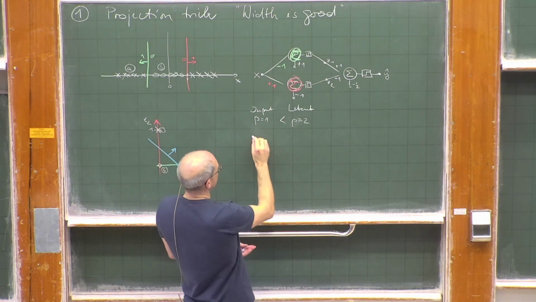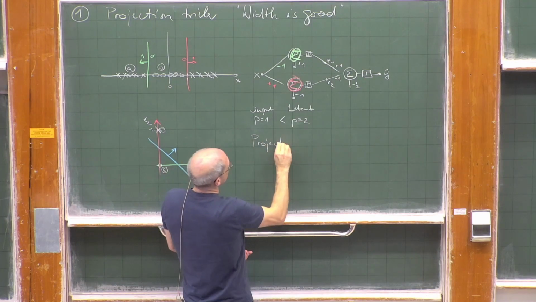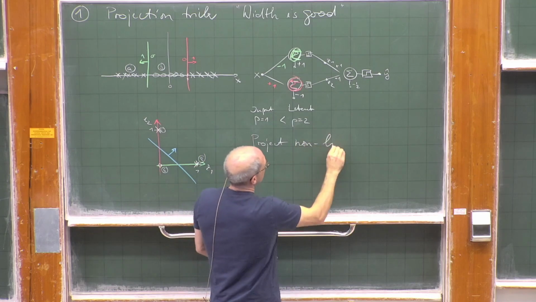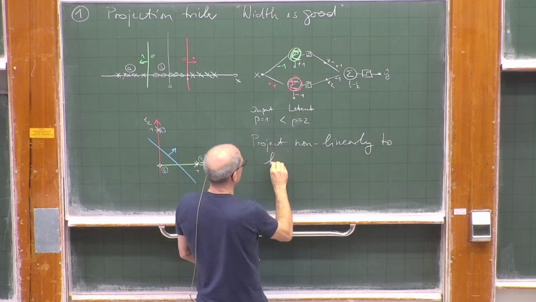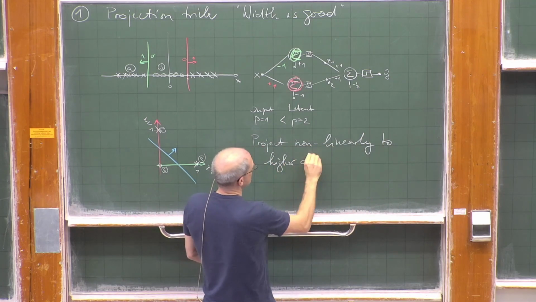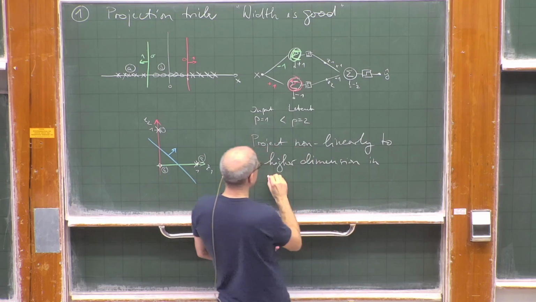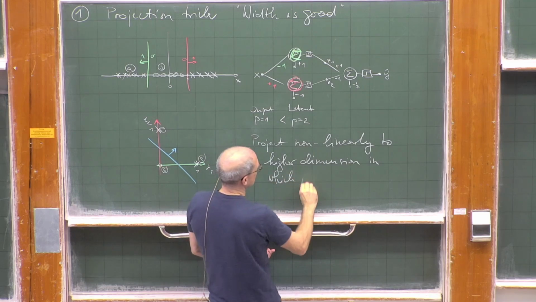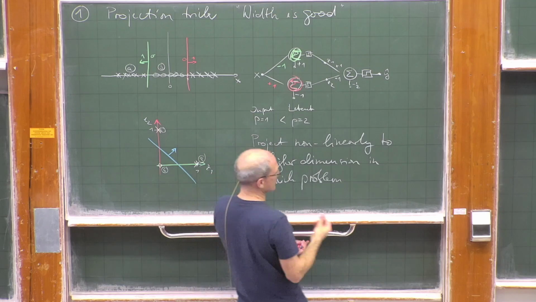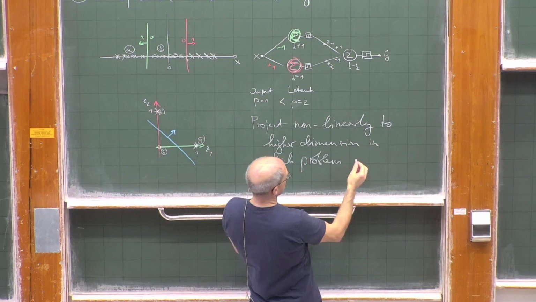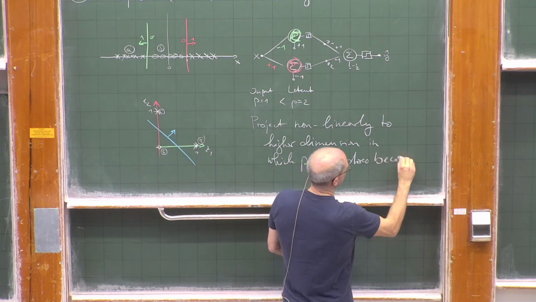And what we have done, and this is what the projection trick is all about, is we have projected non-linearly to a higher dimension, a higher dimension in which the problem, even if it was not linearly separable in the input domain, does become linearly separable.